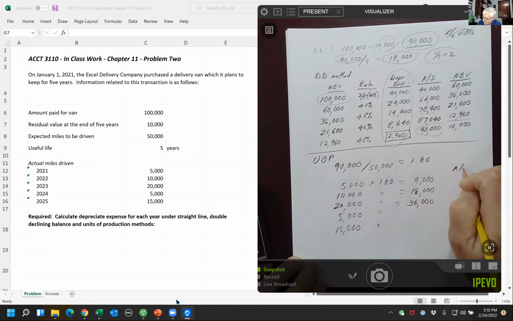Let's keep a running total over here for accumulated depreciation so that we know when we get there.